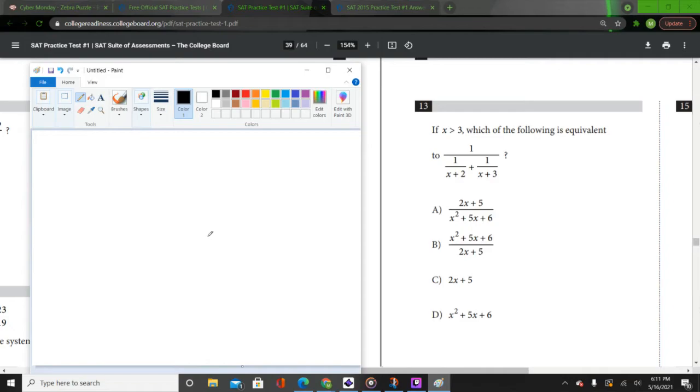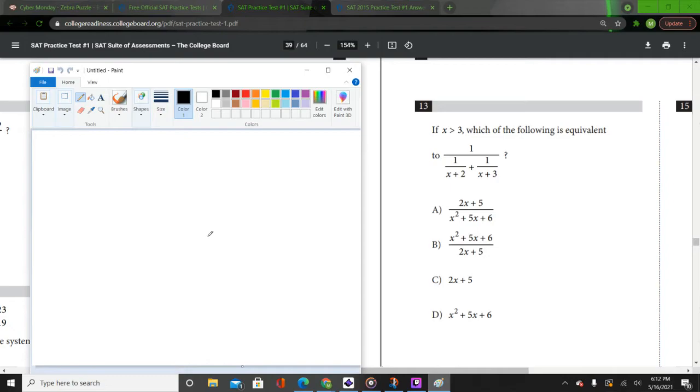If x is greater than 3, which of the following is equivalent to that nasty fraction? Right. So the reason why they say if x is greater than 3 is because they don't want any jargon in the denominator.